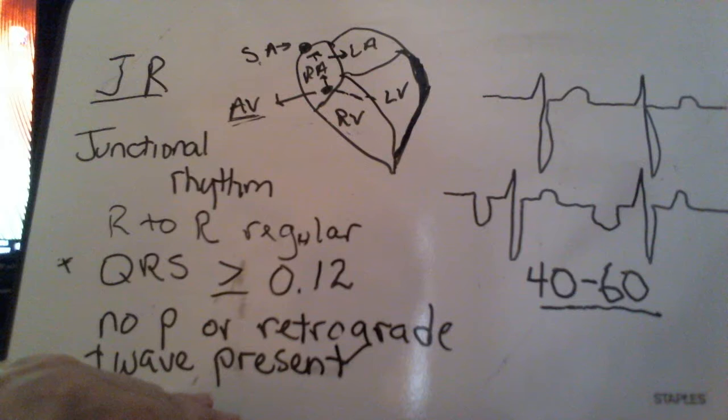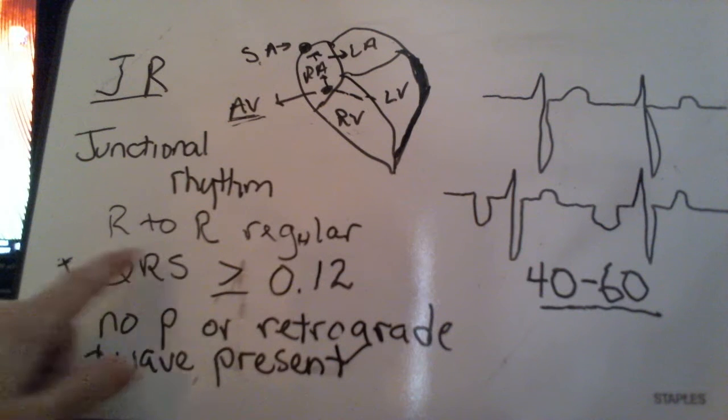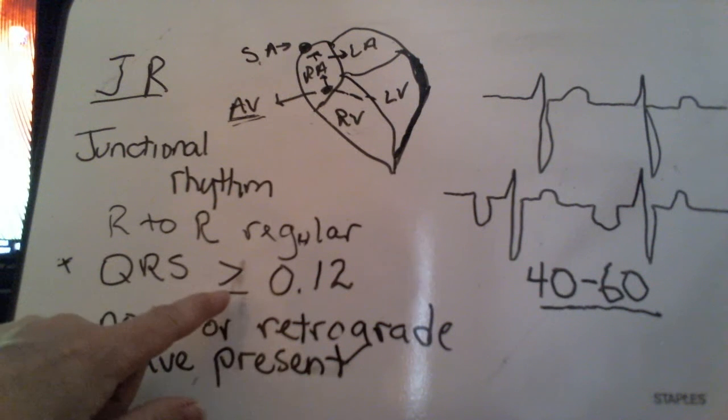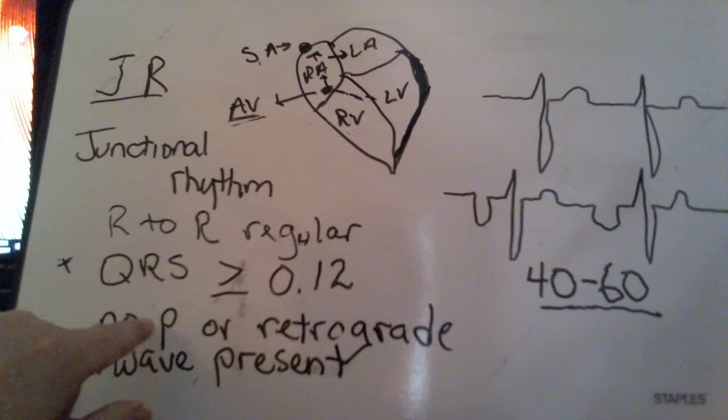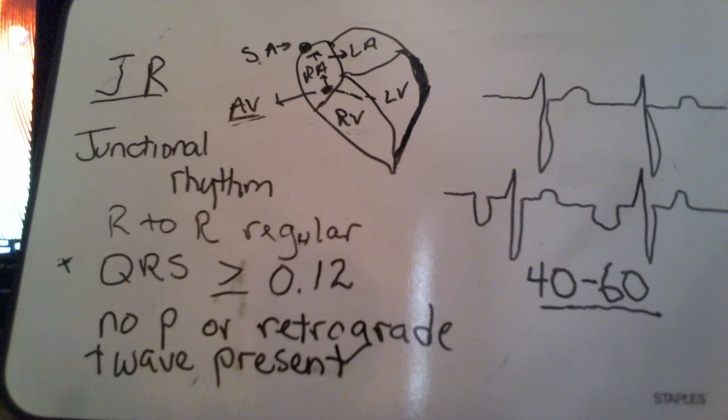So that is a normal junctional rhythm. You just call it junctional rhythm. Rate is 40 to 60. R to R is regular. QRS is less than or equal to 0.12. There is no P wave or it's retrograde, and the T wave is present.